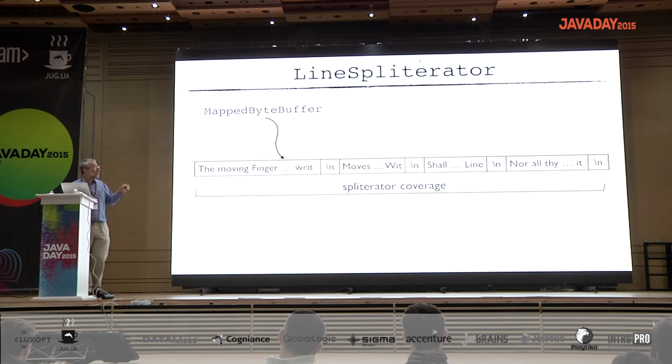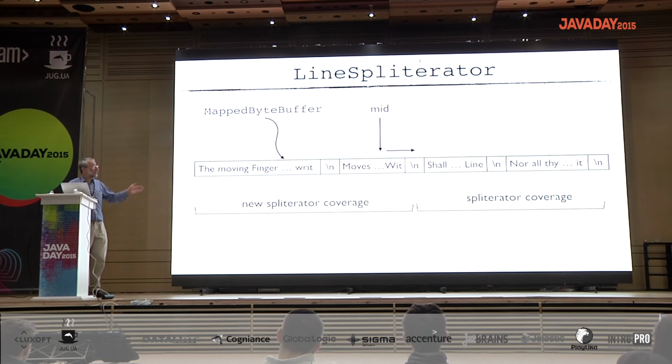The mapped byte buffer allows me to randomly look in the file. I split the file roughly in the middle, find some midpoint, and then go looking for an end of line character. The implementation in JDK 9 is a good deal more complicated than this, but that's the basic idea behind it.